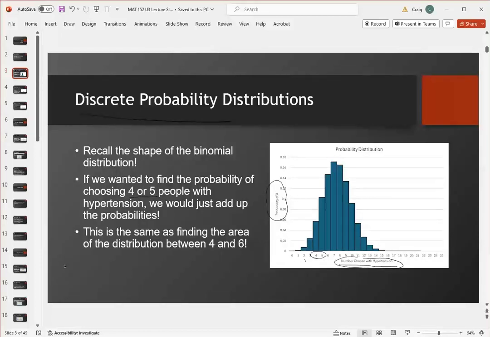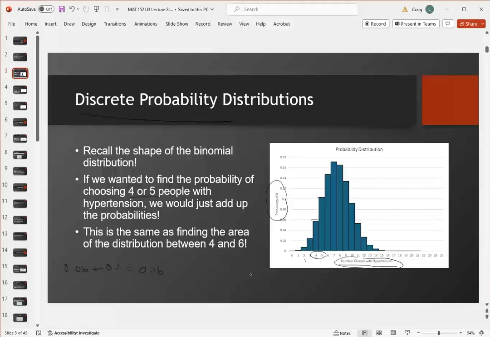Something about 0.06, and I'm just guessing here from what it looks like. It's about 0.06, we'll say, and about 0.1, just for simplicity's sake. And if we add up those two probabilities, well, there's about a 0.16 or 16% chance that you choose between 4 or 5 people.